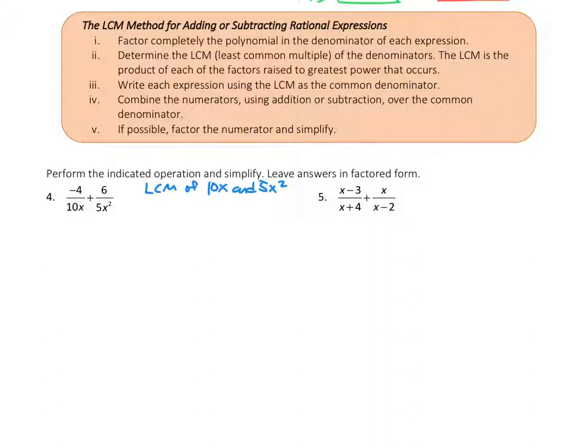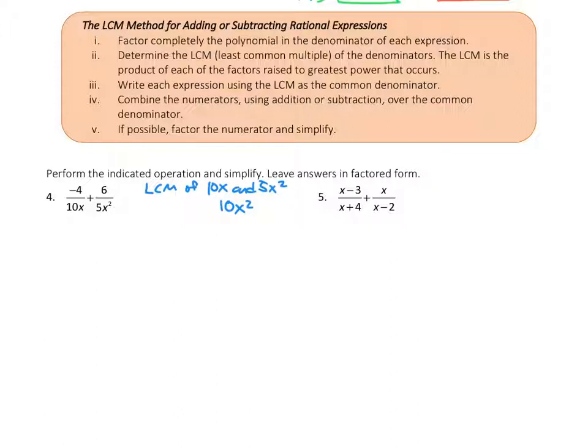So if we think about 10 and 5, their least common multiple is 10. And then we have an x and an x squared. We need the greatest power that occurs, so x squared is going to be needed.